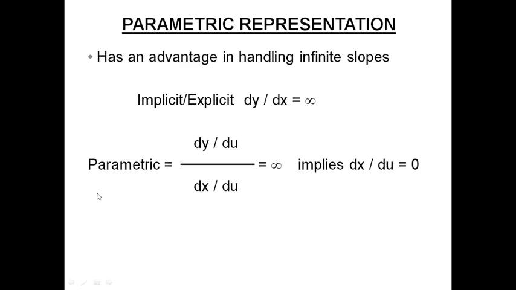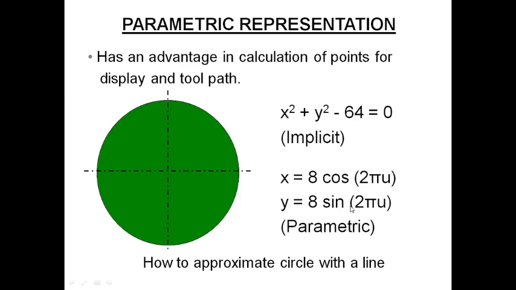So parametric representation helps us to define the infinite slope in a computer friendly manner. Like in this case, you just have to say that dx by du is equal to 0. That implies infinite slope. So this is very simple. Zero can be handled very well by the computer.